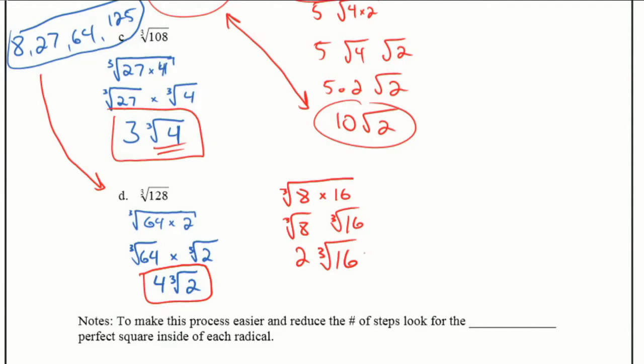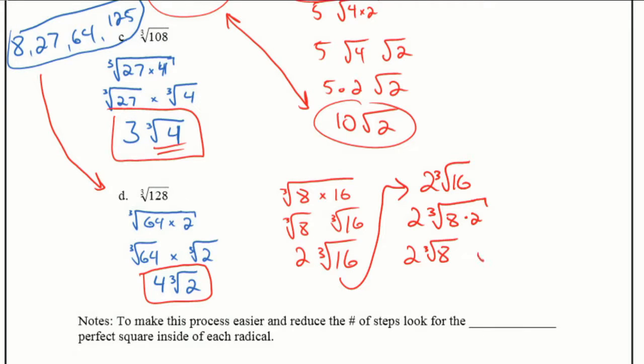And then you would have said, oh no, I got to what I thought was the end, but there's a perfect cube that goes into 16. What perfect cube goes into 16? So I'm just going to rewrite this. All right, I have this 2. I have the cube root of, I know 8 times 2 is 16.